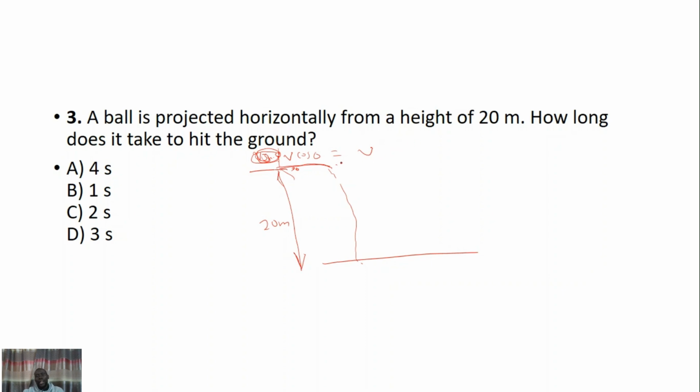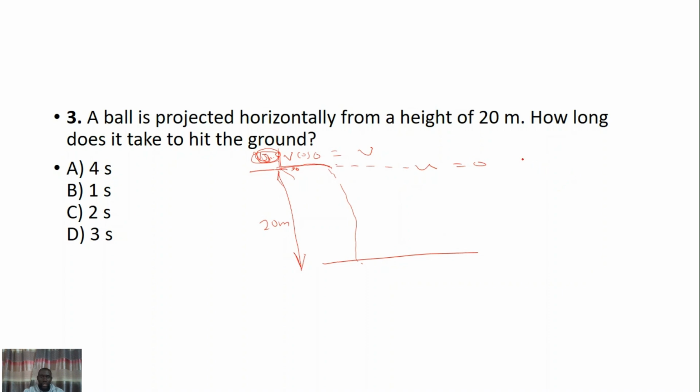Good. Now, since the initial velocity along the vertical axis is 0, the u here will be equal to 0. And when you know u and you know the height it will fall, then you can use the formula. Which formula are we going to use now?